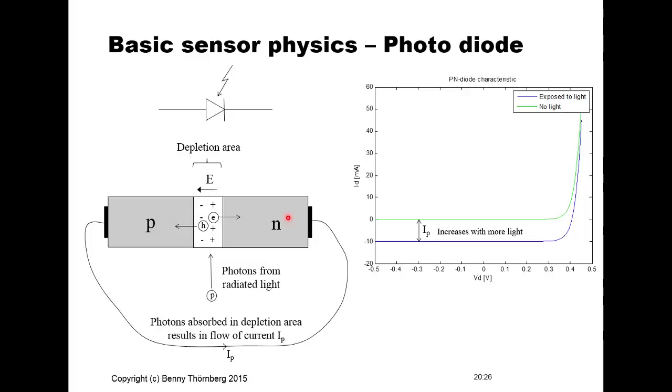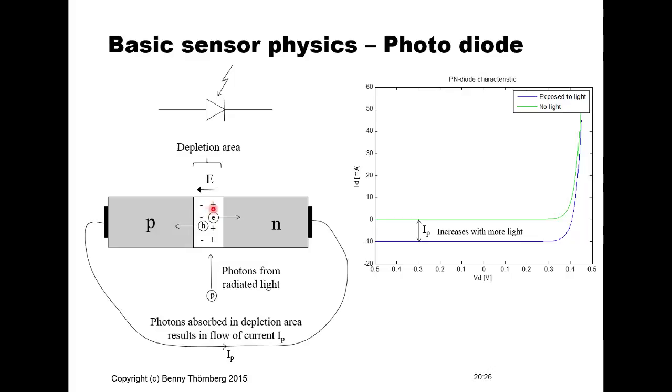Have a look at this principal sketch of a photodiode made of N-doped and P-doped semiconductor material. Due to the excessive negative charges on one side and positive charges on the other side, it will create a diffusion current, a flow of diffusion into the area, and this will create a depletion area that is ionized.